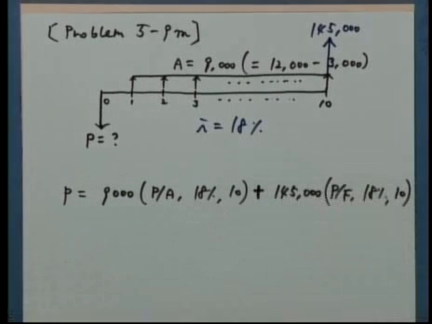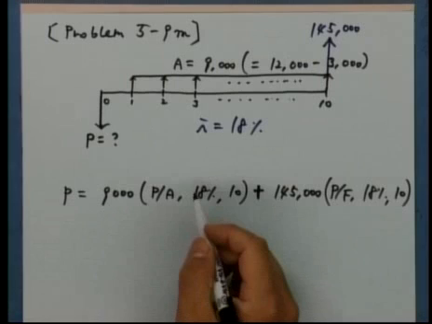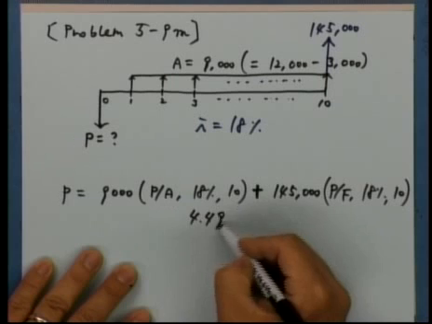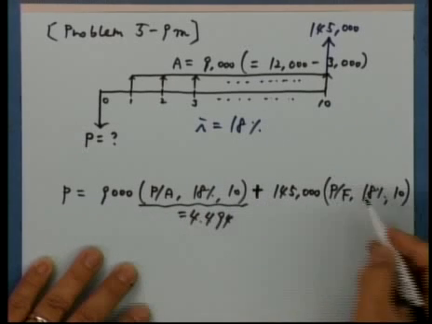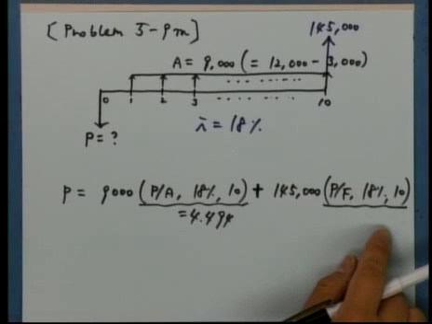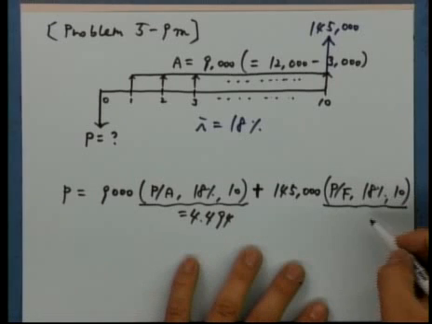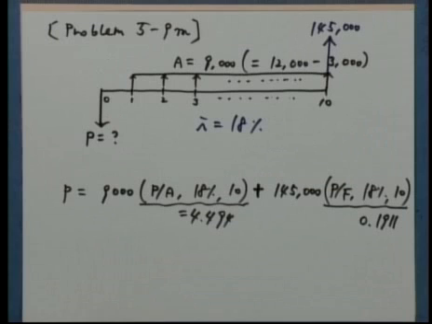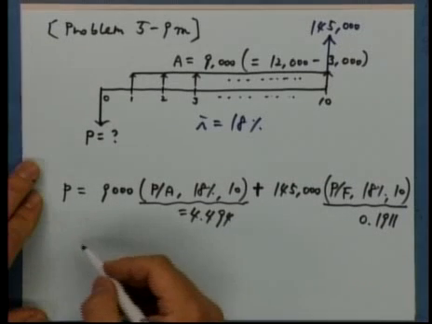Okay? So we need to look for 18%. In our text, page number 616, P given A over 10 periods is 4.494. Okay? And what about this? P given F, 18% over 10 periods is 0.1911. So how much is this?